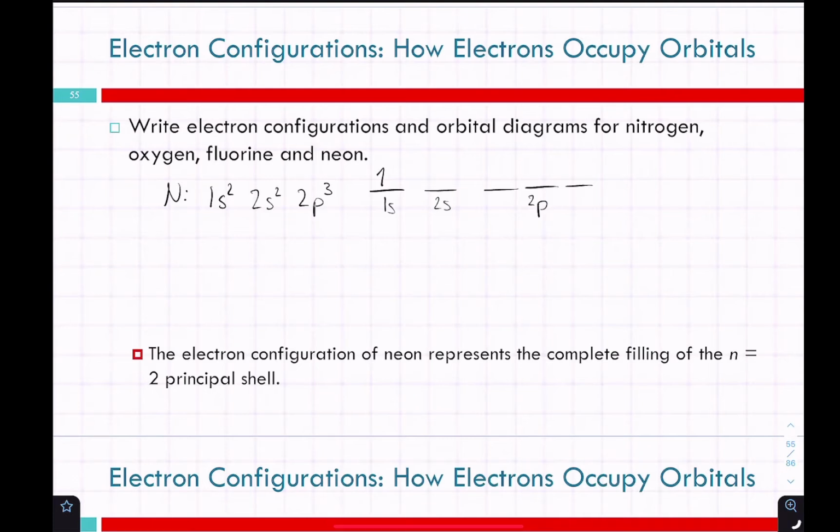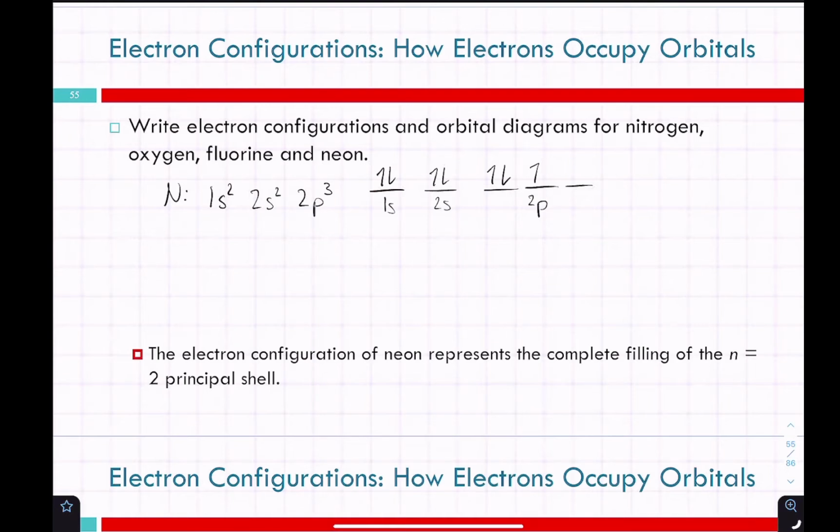So we'll go 1, 2, 3, 4, 5, 6, 7. Or look at your electron configuration: there's 2 in the 1s, 2 in the 2s, 3 in the 2p. You wouldn't put the last 3 together because they don't want to sleep in the same bed if they don't have to, right? Yes, the analogy is they don't want to sleep in the same bed.